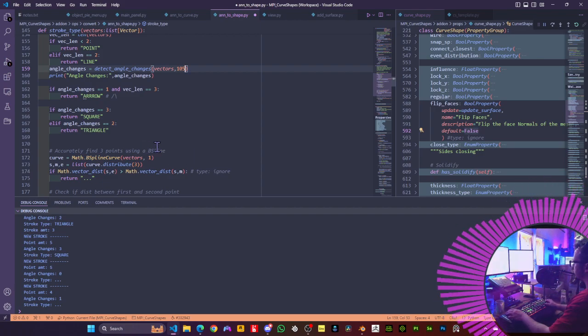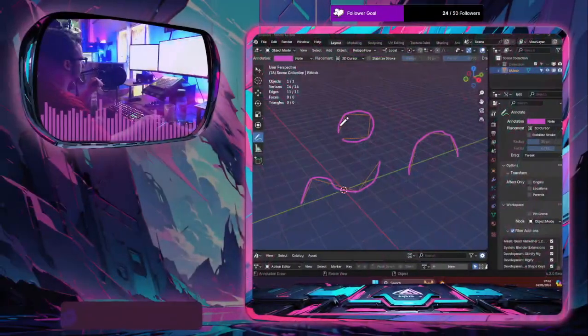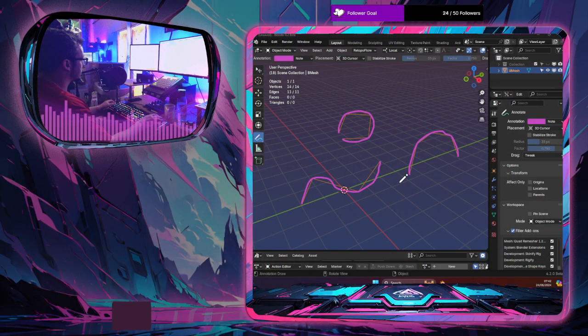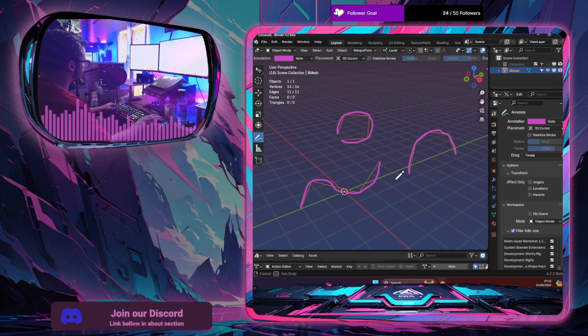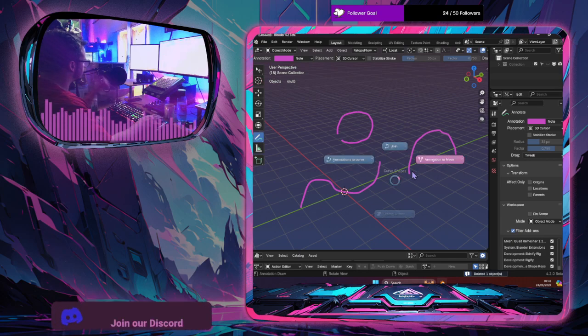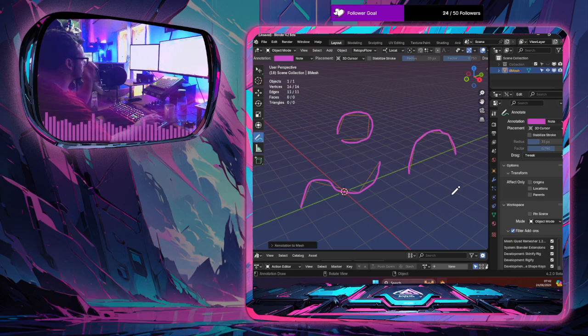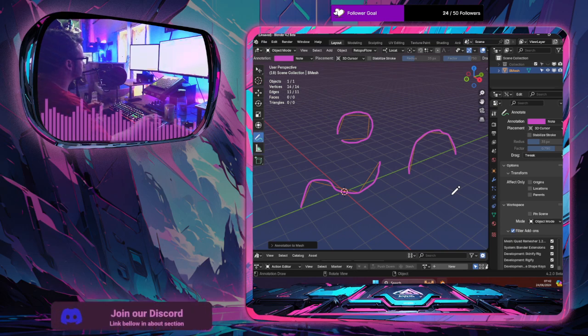I could try and add more points, but adding more points, the algorithm is just gonna be a mess. Now I got a triangle.